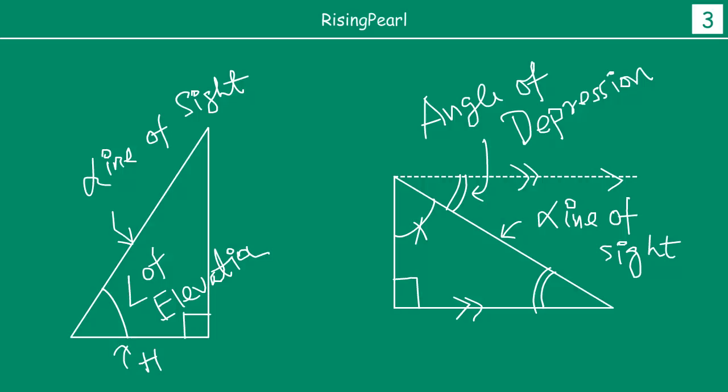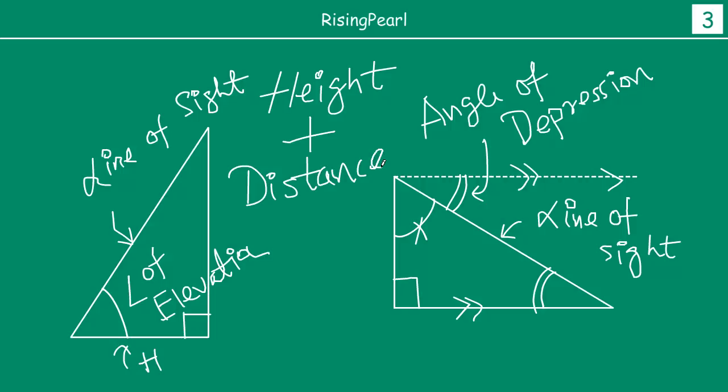Most of the questions that you will see are related to height and distances. So most of the applications of trigonometry will be related to height and distances using the angle of elevation or angle of depression.